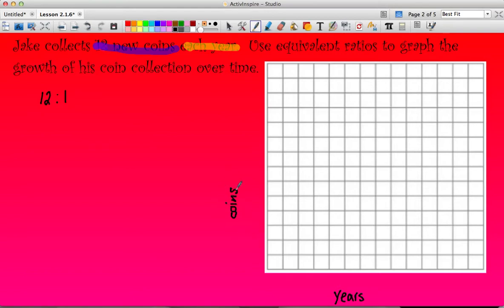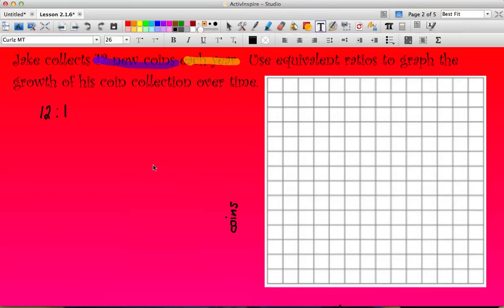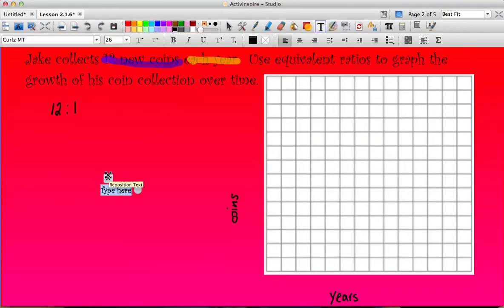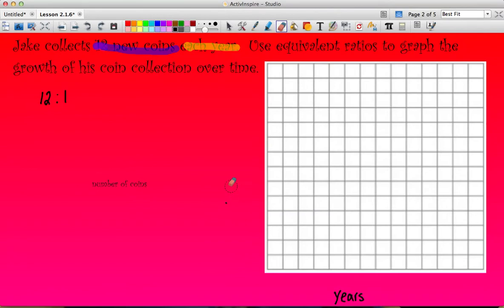And I would probably write number of coins. And I'm actually going to type that so it's a little bit easier to read since it's sideways. But we always have to have those labels. If you don't have labels, your graph doesn't make any sense. Even if your data is completely correct, your graph is still incorrect because we don't know what goes with what.